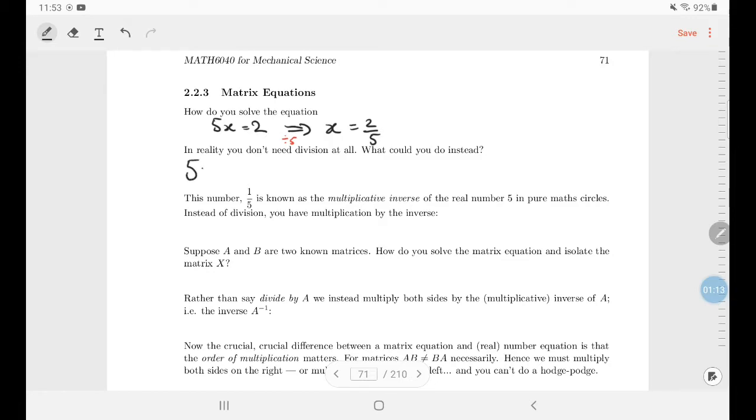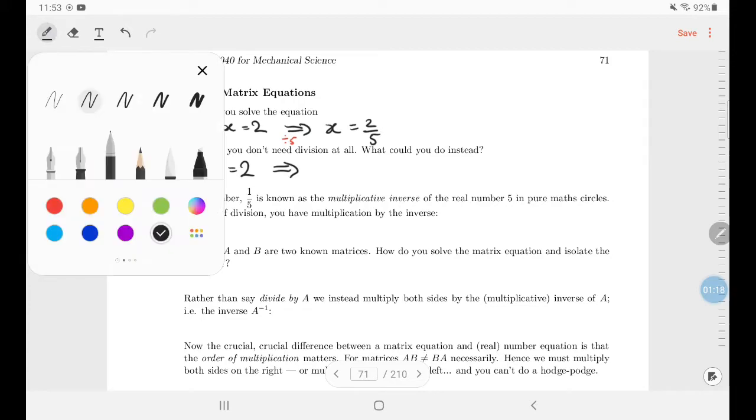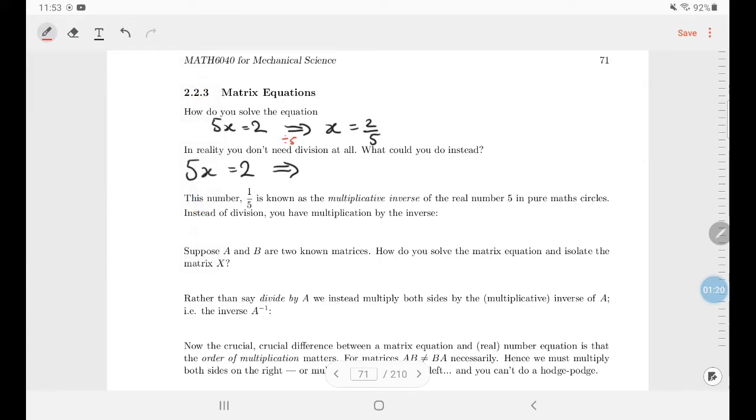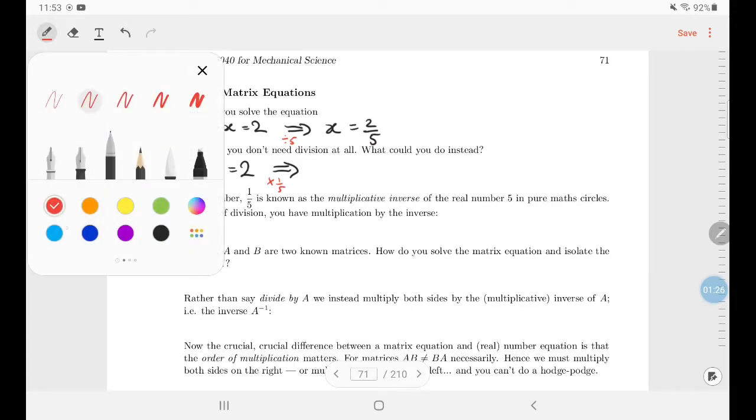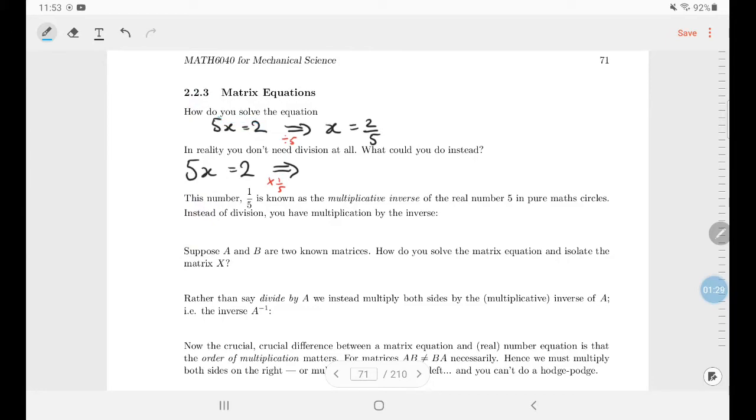So you have 5x is equal to 2, and rather than saying I will divide by 5, you can say I will multiply by 1/5. Now one thing we should say is some very basic theory of equations. What does this equals mean? It means that these two things in the blue circles are the same thing.